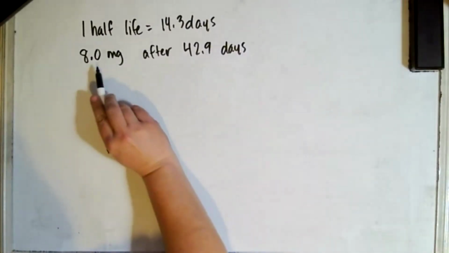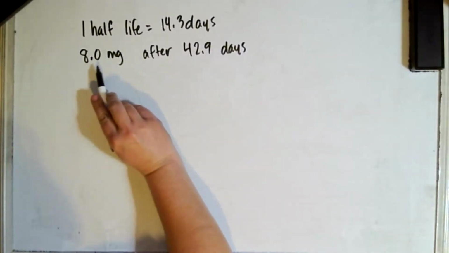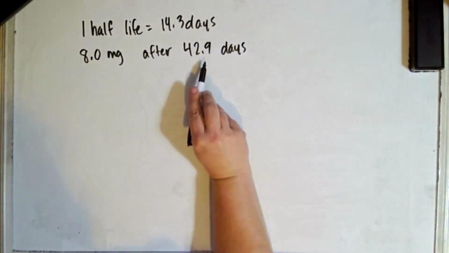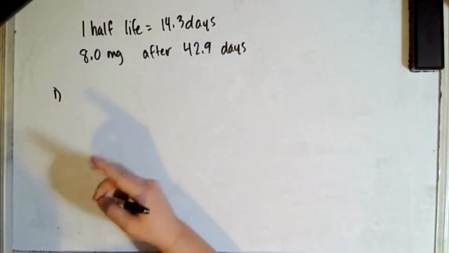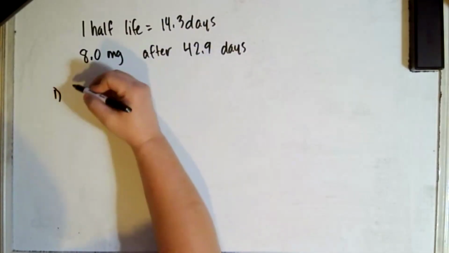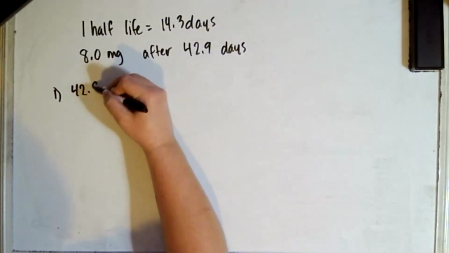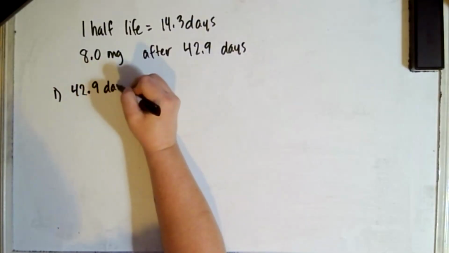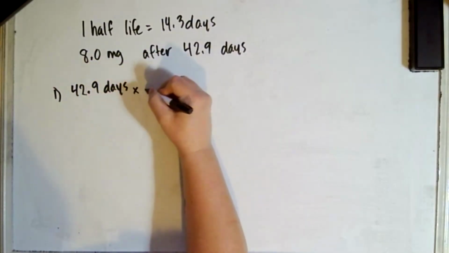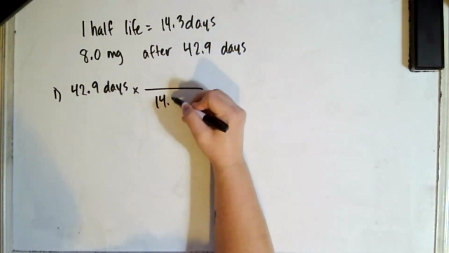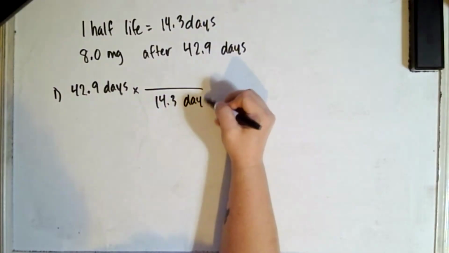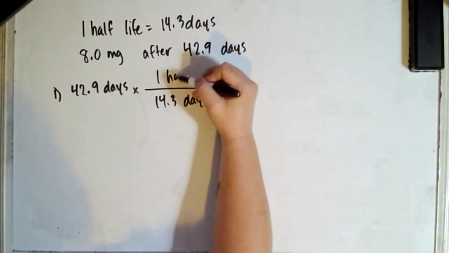Okay. So we're starting out with 8 milligrams. We want to know how much is left after 42.9 days pass. So for starters, we're going to figure out how many half-lives have gone by in 42.9 days. We know that there's 14.3 days in every one half-life.